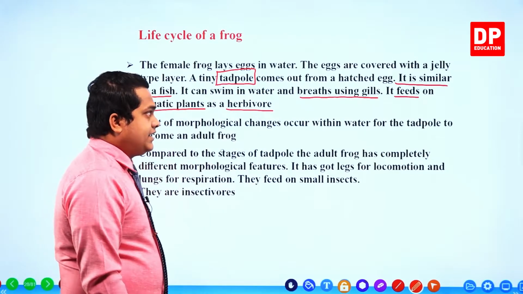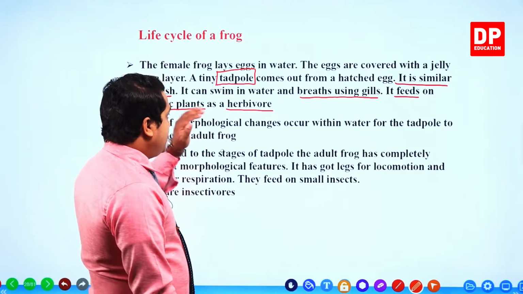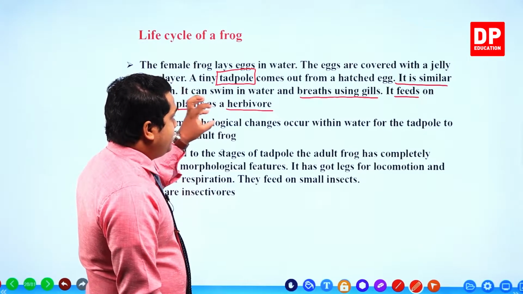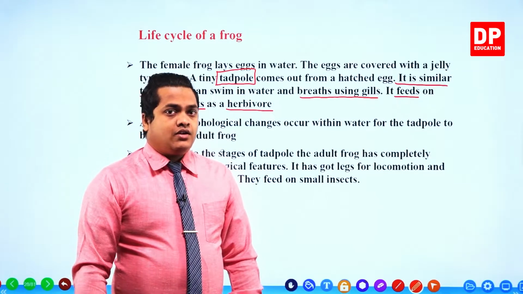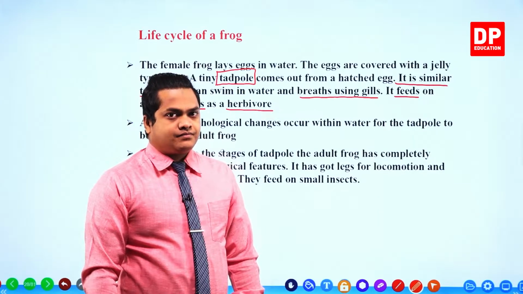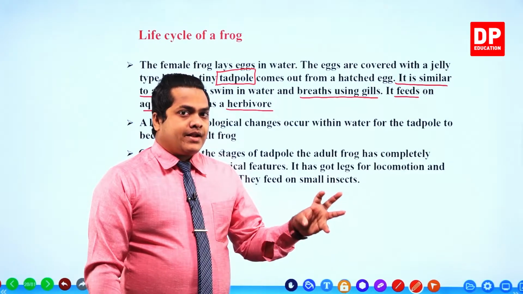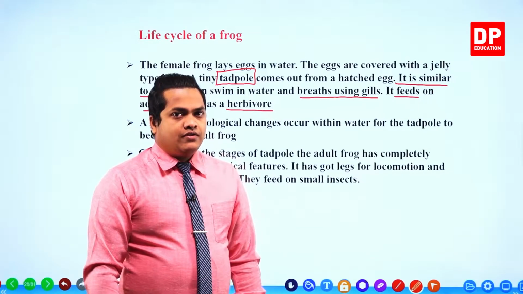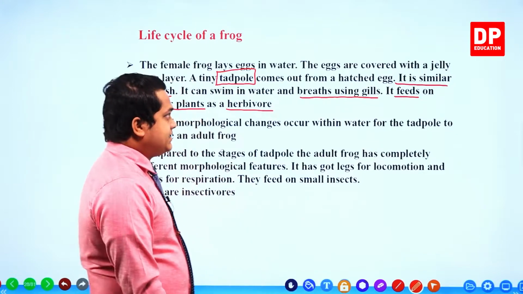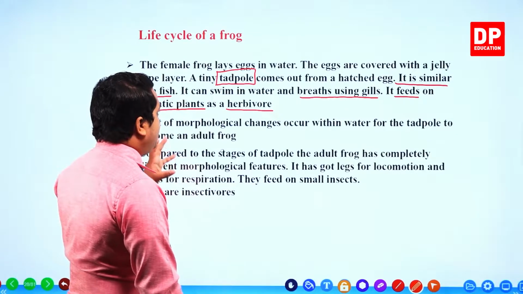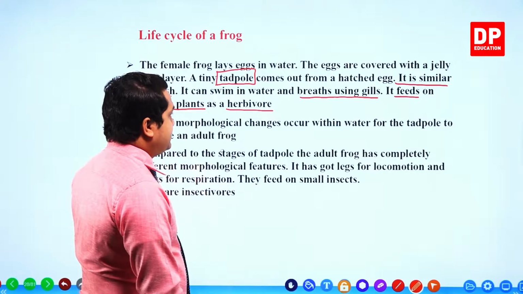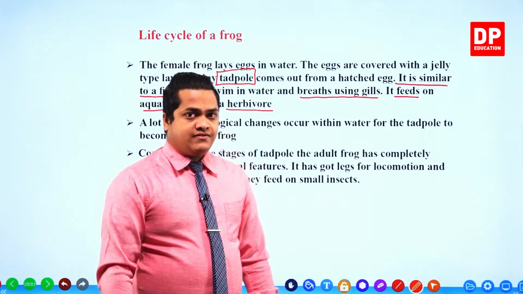If you take the tadpole, my dear children, it is the second stage of the life cycle of a frog. The tadpole comes out from the eggs. These eggs are covered with a jelly-type layer, and the adult female frog lays the eggs on water surfaces.